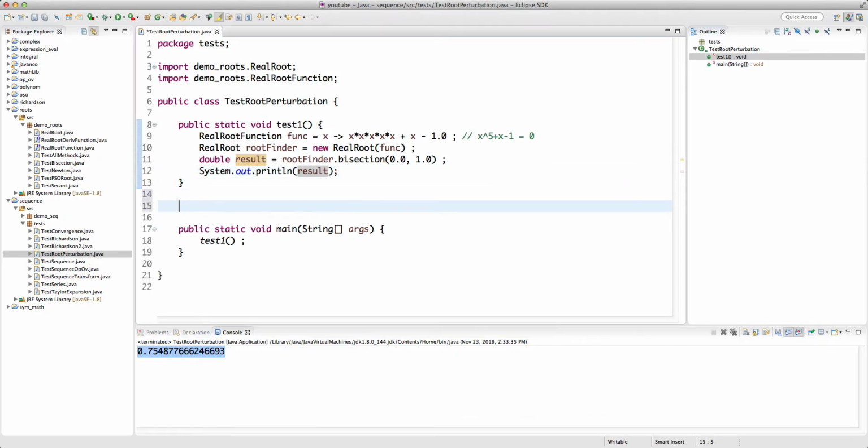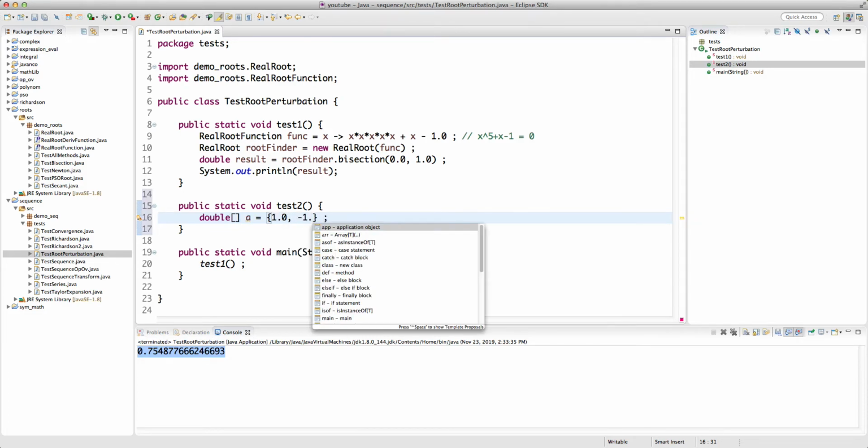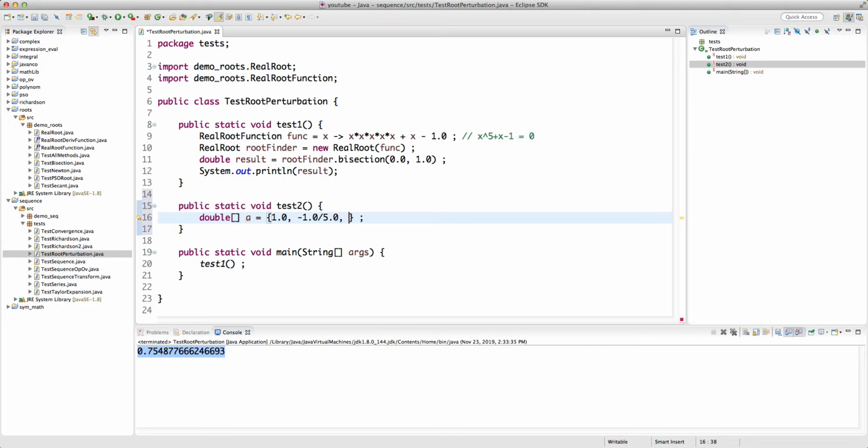In test 2, public static void test2, I'm going to create an array of double. a equals: a0 is 1, a1 is minus 1 over 5, a2 is minus 1 over 25, a3 is minus 1 over 125, a4 is 0.